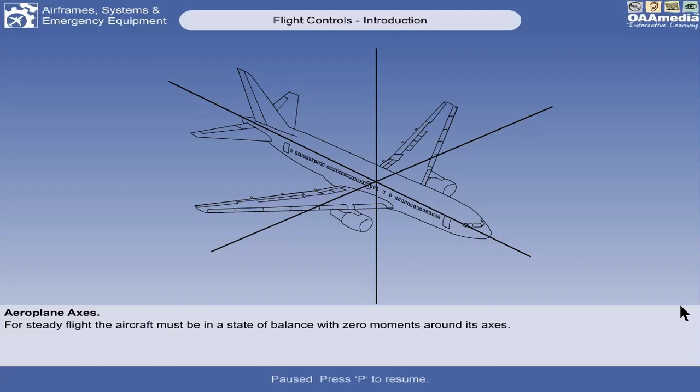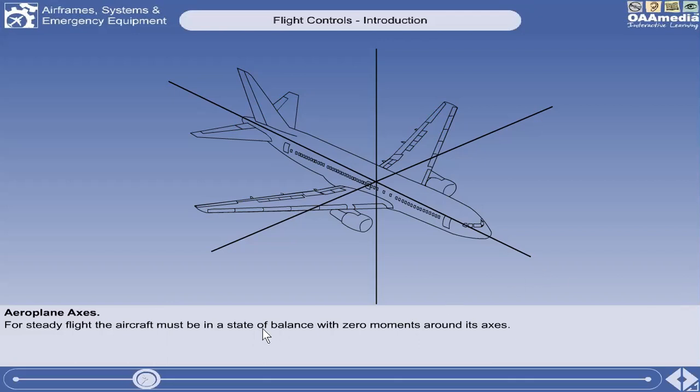So pag sinabing steady flight condition, the lift is equal to the weight. So hindi siya nagka-climb, hindi siya nagde-descent. It's also known as the cruising condition ng aeroplano. So at cruising condition, steady flight siya. So it must be in a state of balance with 0 moments around its axes.